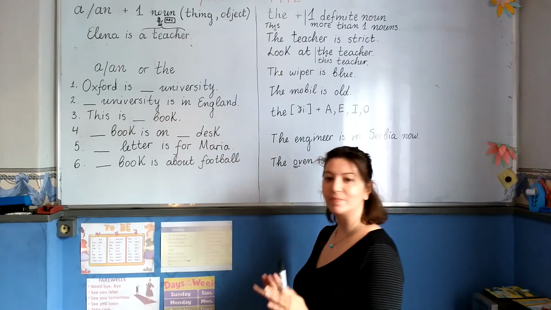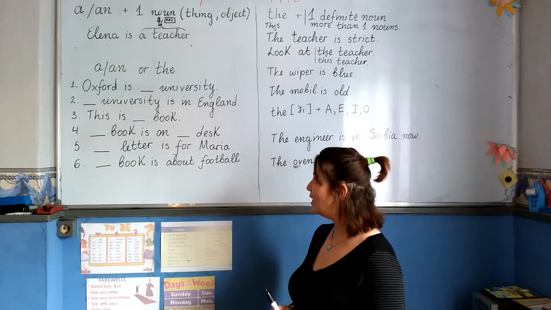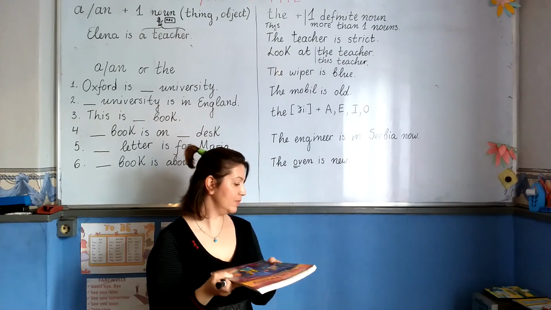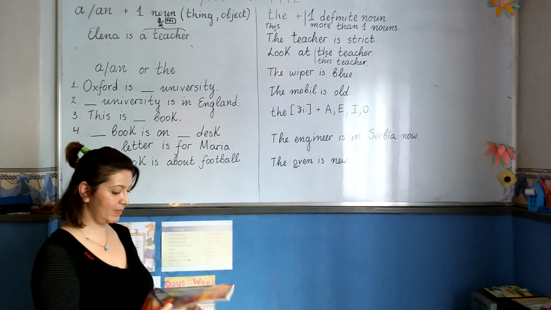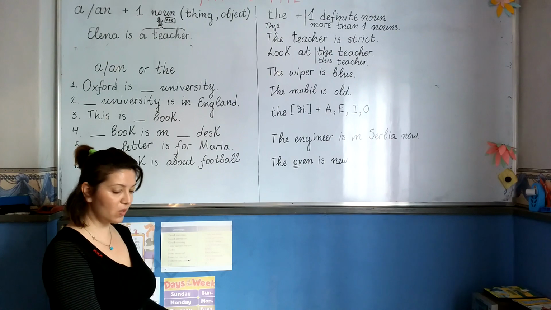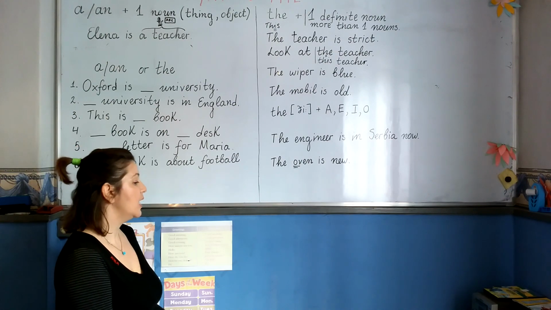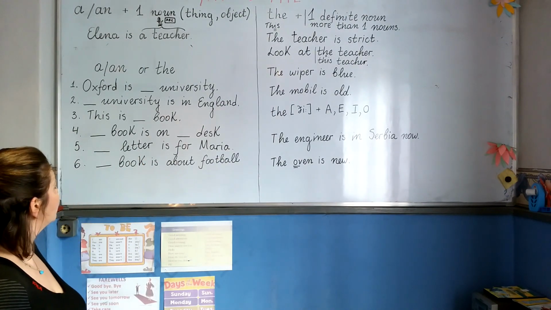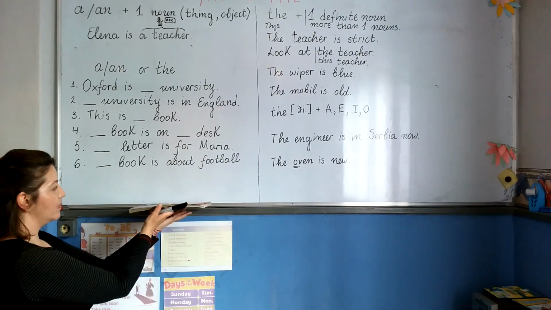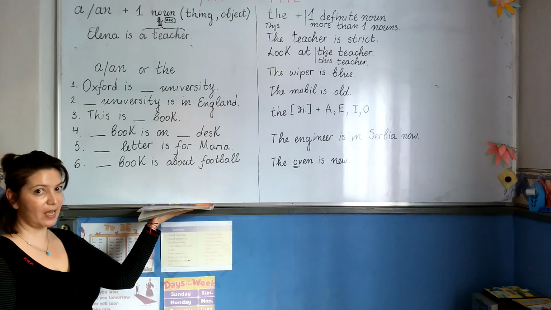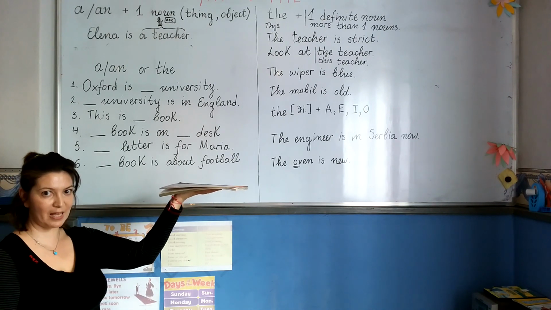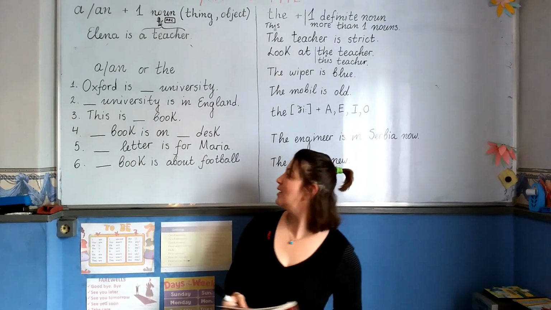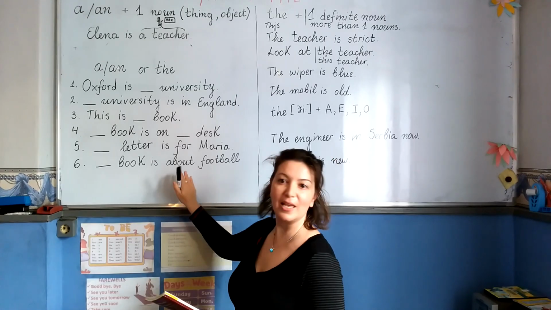Here you have some prepositions, okay? For example, the book is on the chair, on the chair. Or the book is here on the counter, on my hand, in my hand actually, on my palm. And we have for and about.